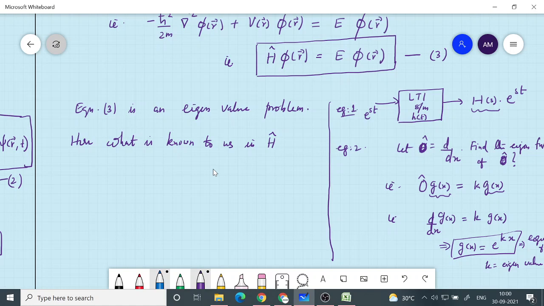So that will always remain the same. So we know both the kinetic energy part operator and the potential energy part operator. So we know H cap, or the H operator, or Hamiltonian operator.